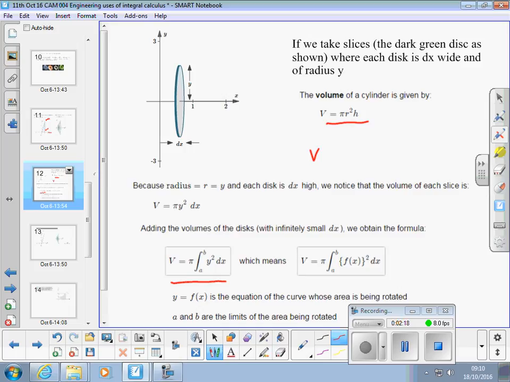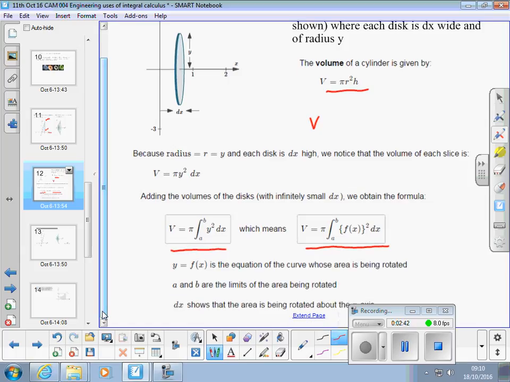Or in more general terms, of the function of that shape that was revolved. So any function, this is particular to that cone shape, this is particular to any function squared. Okay? And a and b are the limits of the area being rotated.